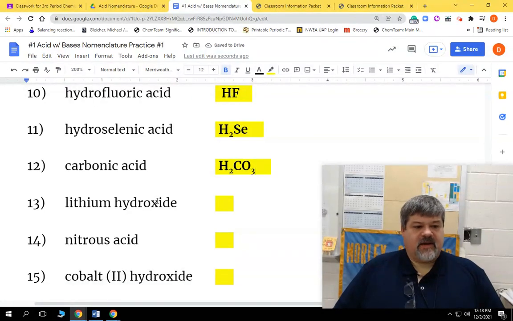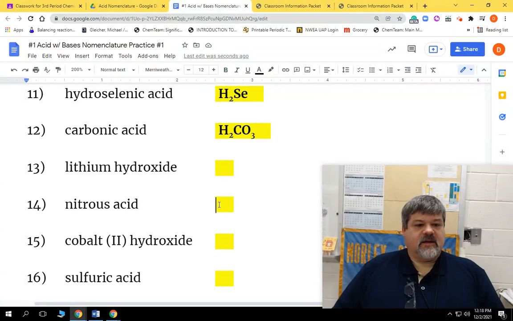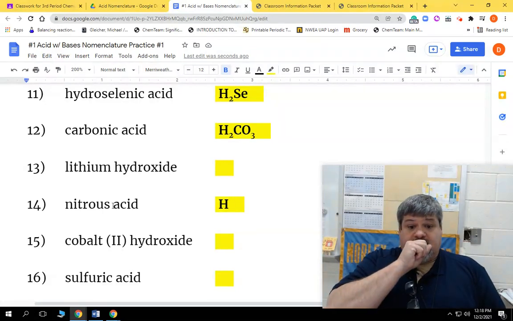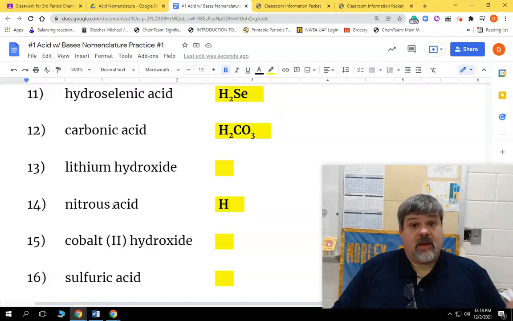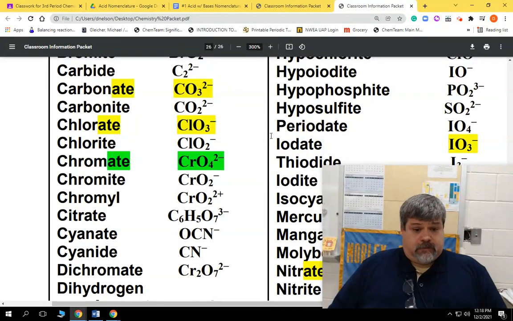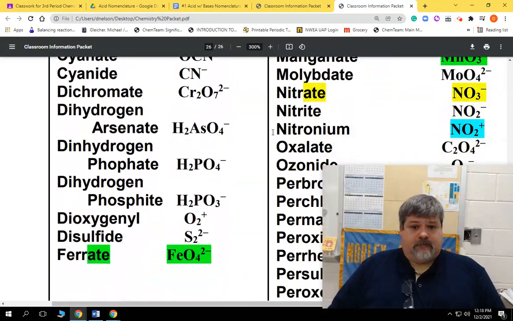Let's go to lithium hydroxide, a base, and nitrous acid. Nitrous, so we have an H. And nitrous, ous means nitrite. Okay, so nitrite, go back to our polyatomic ions. Here is nitrite, NO2.